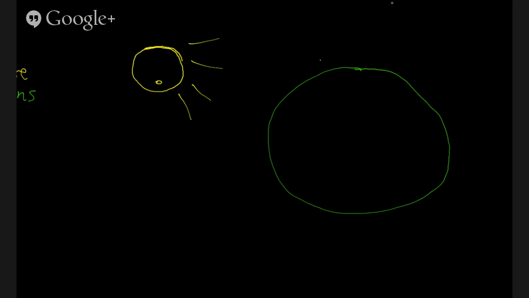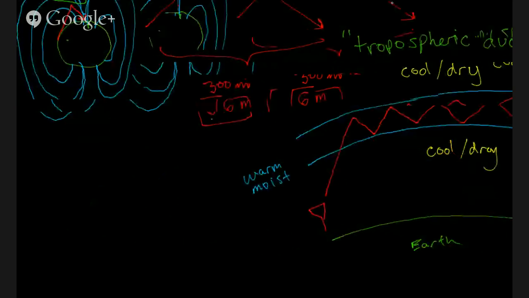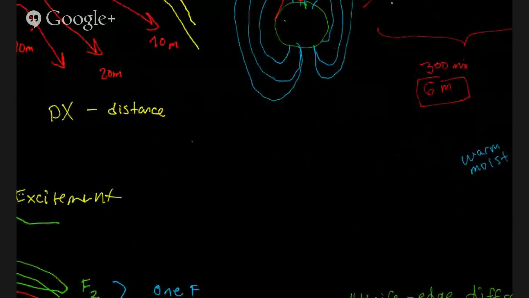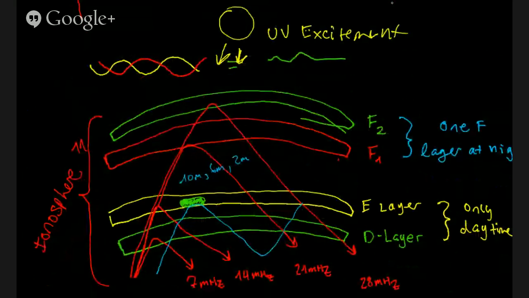During dawn and sunset, when the D layer, if you remember back here, the D layer is only present during daylight hours. And the E layer as well.